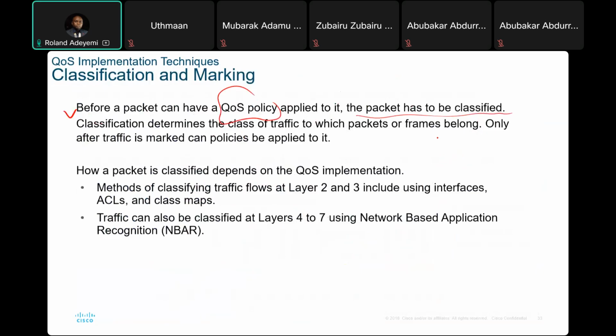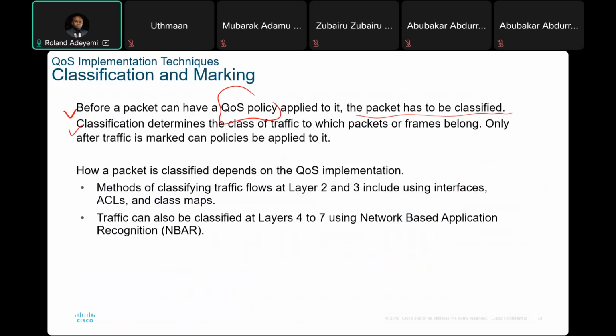What do you want the router to do with that packet that is classified as ProSpark? Later on, you can apply a policy and tell the router, when you see any packet named ProSpark, this is how you treat the packet. And by the time we call it ProSpark, we can mark it. Let's say we mark it gray. So the router knows that if I see any packet that is gray, that is ProSpark, and this is how I'm going to treat it. That is what classification and marking is all about.